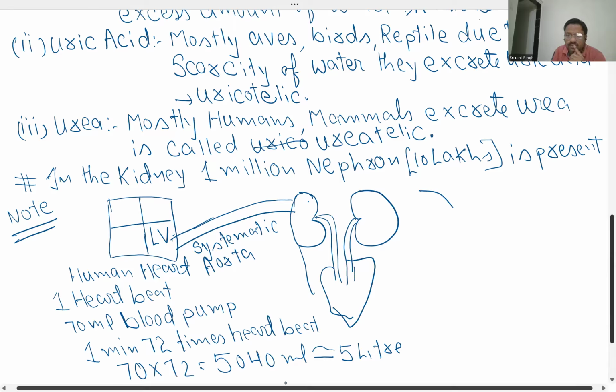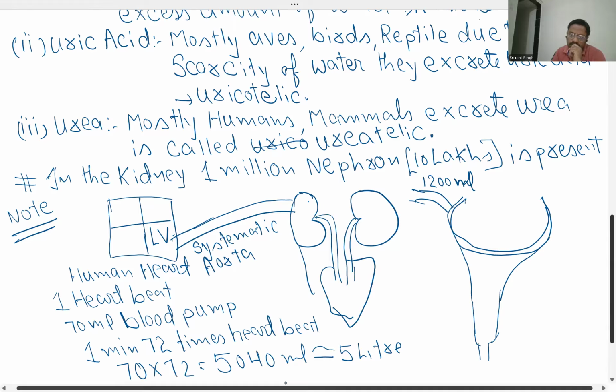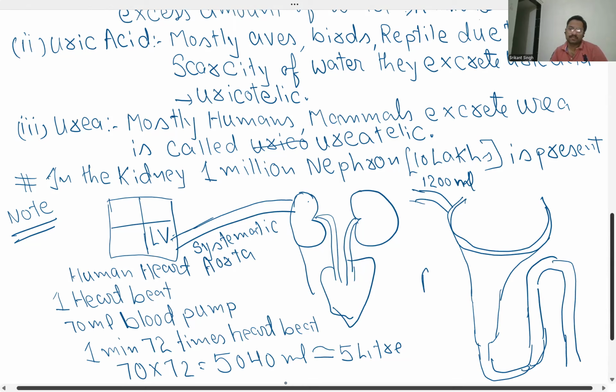And I would like to tell you that from the 5 liters, only 1200 ml of oxygenated blood goes into the kidney.